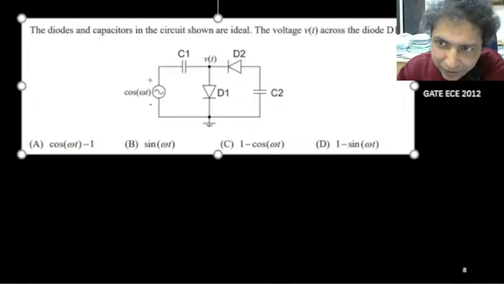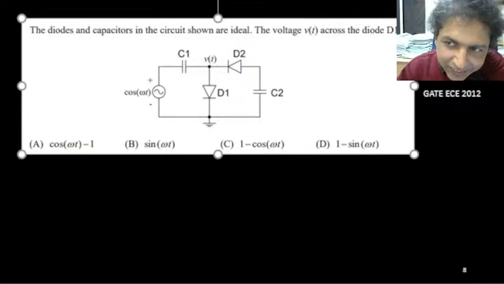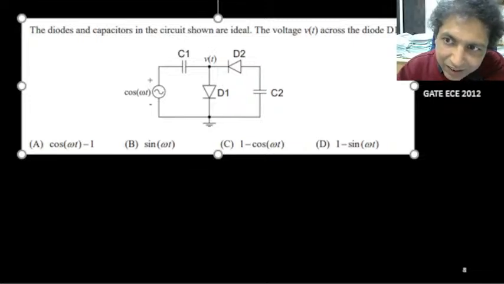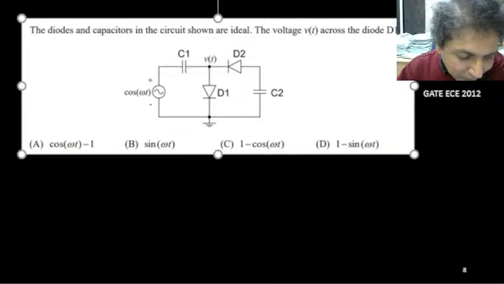So diode plus resistance, that kind of circuit is called a clipper circuit. But diode with capacitor will be called a clamper circuit. So here you need to understand how much voltage the capacitor will store, when the capacitor will charge up, and when the diode will be on.